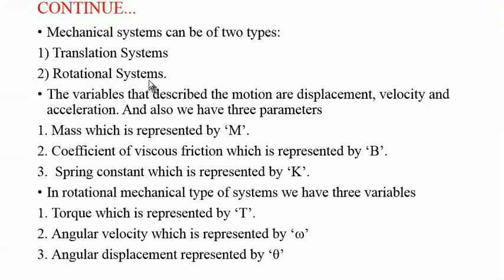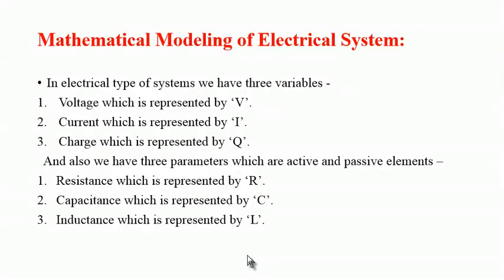In electrical modeling, we have the variables voltage, current and charge, and the elements resistance, capacitance and inductance.